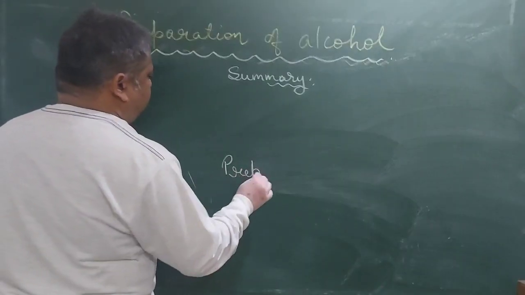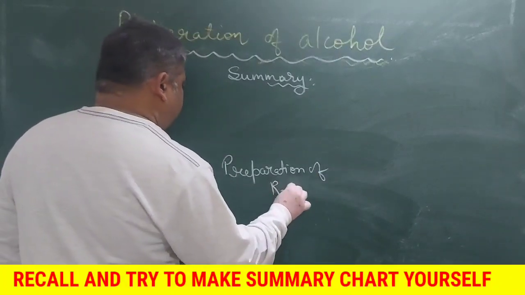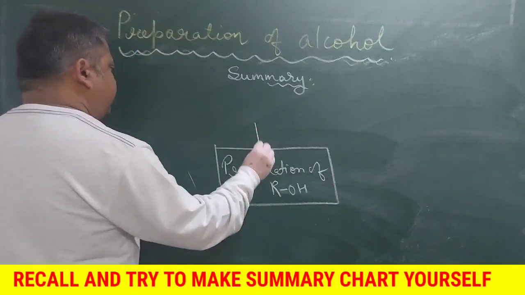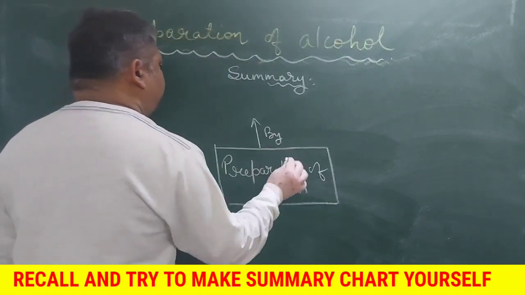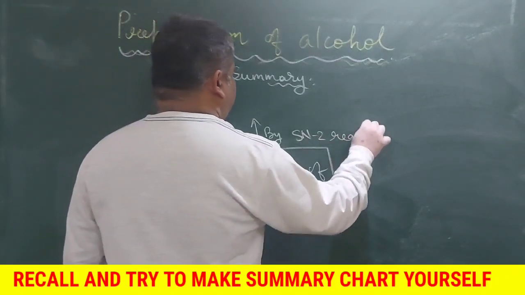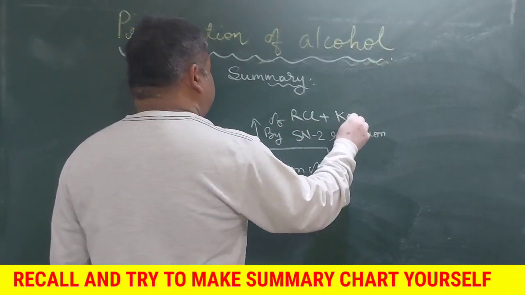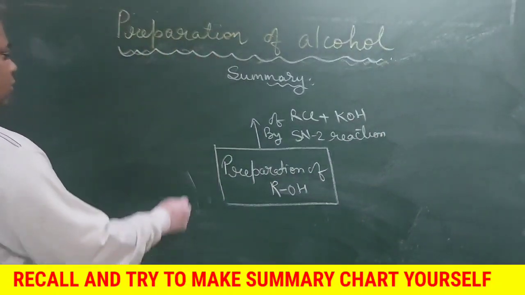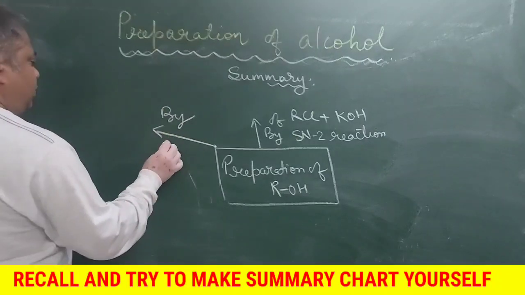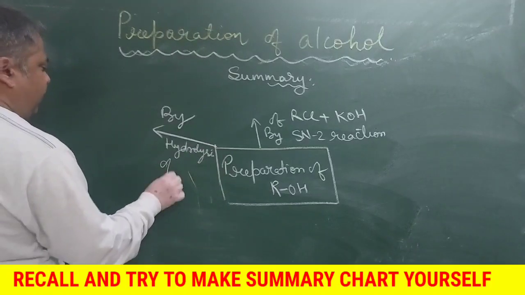Alcohol by SN2 reaction of RCl plus KOH. What else? By hydrolysis of alkene, by hydroboration-oxidation, by oxymercuration and demercuration.